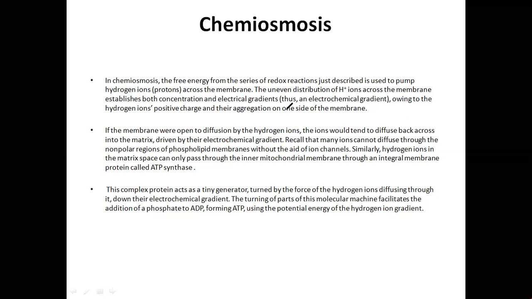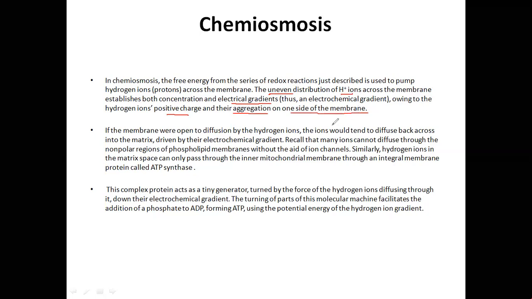The uneven distribution of hydrogen ions across the membrane establishes both concentration and electrical gradients, owing to the hydrogen ion positive charge and their aggregations on one side of the membrane.